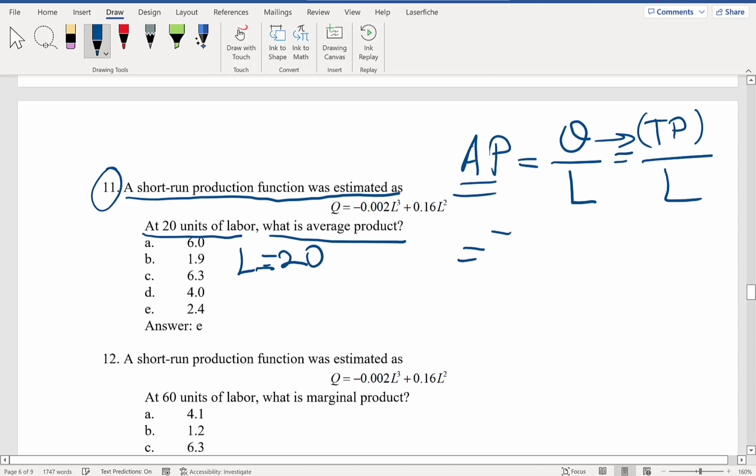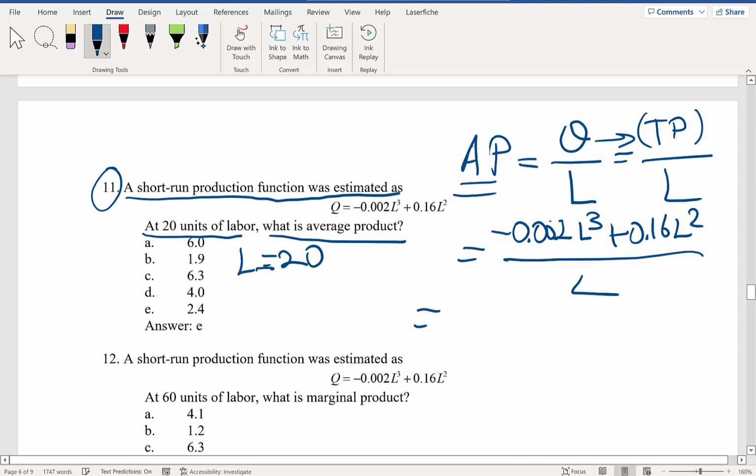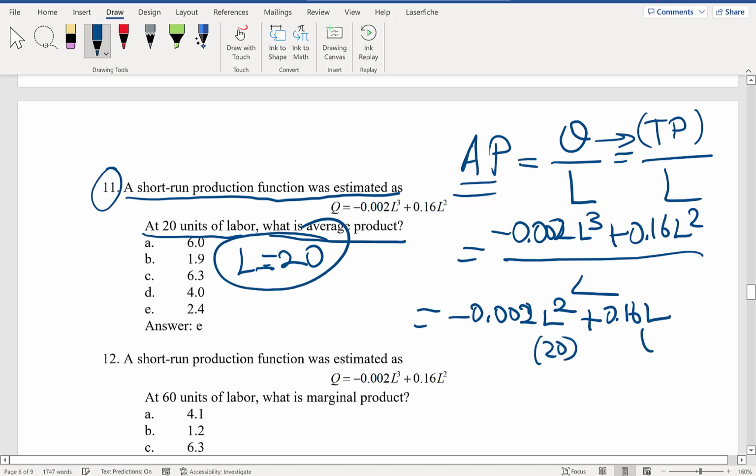So negative 0.002 L raised to power 3 plus 0.16 L squared, divided by L. It's going to be negative 0.002 L squared plus 0.16 L. And I'm going to plug in 20 when I see L.